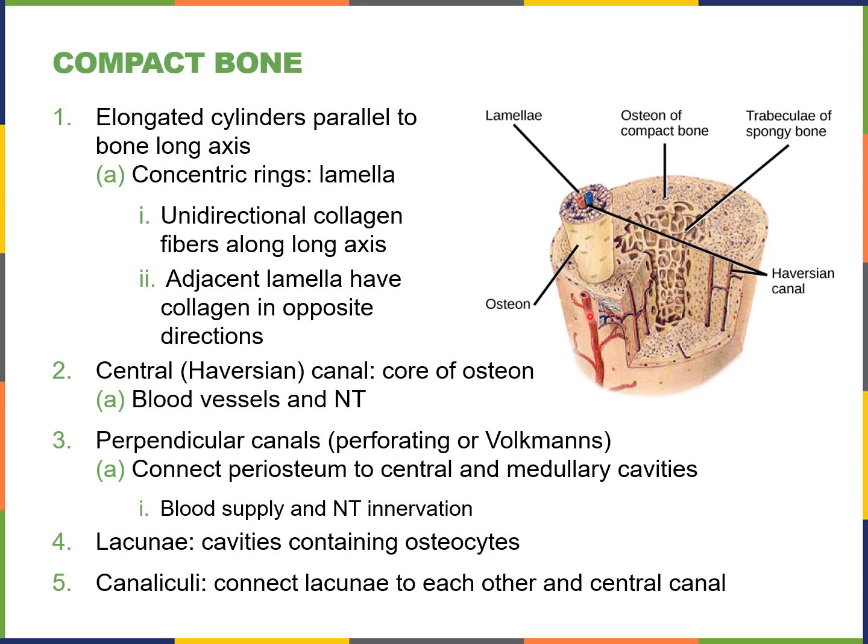This has our blood supply and, again, nerve tissue innervation. Then we have lacunae, which are cavities containing osteocytes, and canaliculi, which connect lacunae to each other and the central canal. So the canaliculi are essentially where the blood flows in between all of this within the bone tissue.